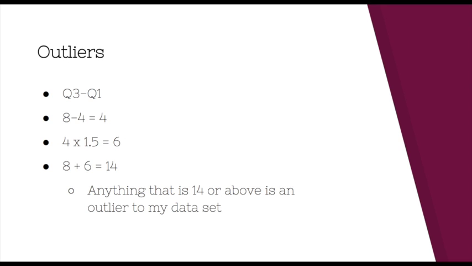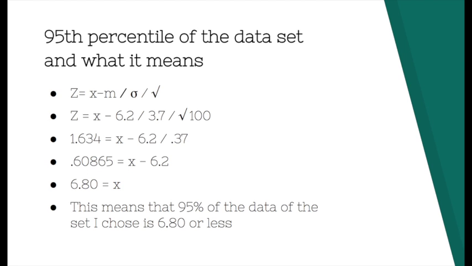Then I tried to find the 95th percentile of my data set. To do this, I took the formula z equals x minus m divided by standard error, which is standard deviation divided by the square root of n. So I did z equals x minus 6.2 divided by 3.7 divided by the square root of 100.